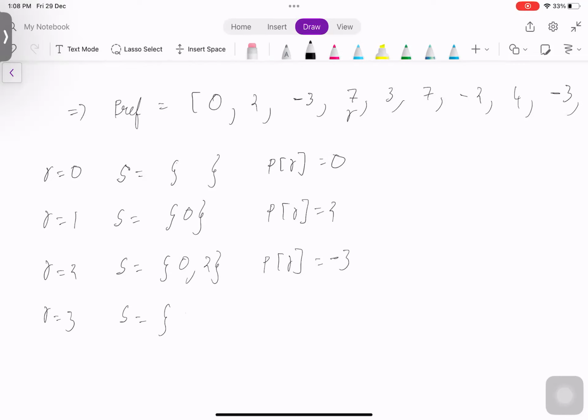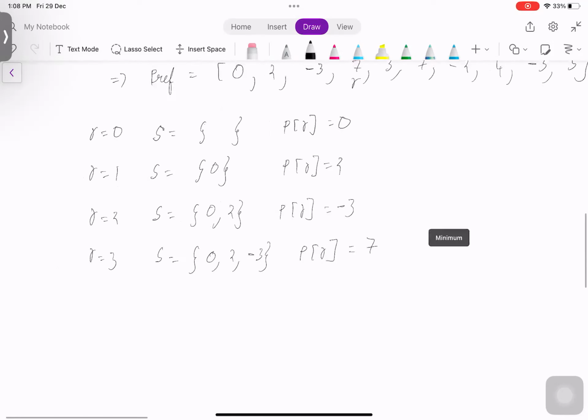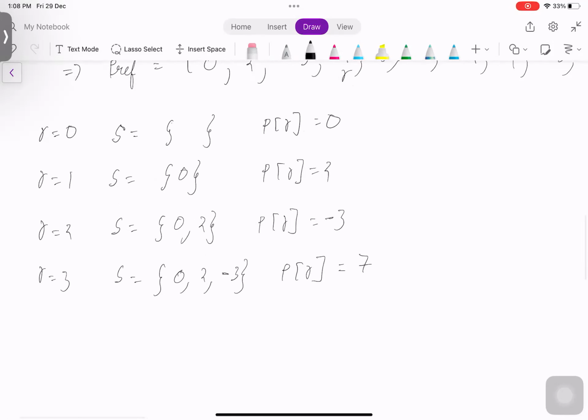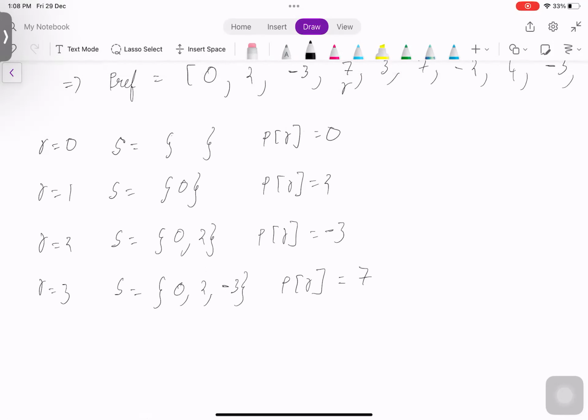In this case, prefix R is 7, so 7 is also not present. That means till now we didn't find any subarray whose sum is 0.